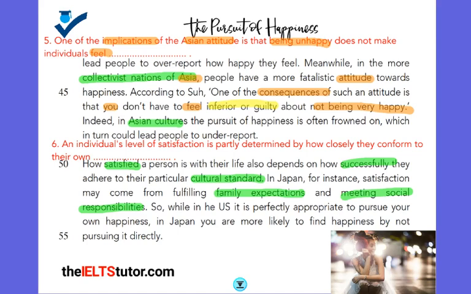So you need to find synonyms for level of satisfaction. Determined. Okay, conform. See if you can find the answer here. You should be able to find the answer on the same page. Okay. Right, 1 minute.